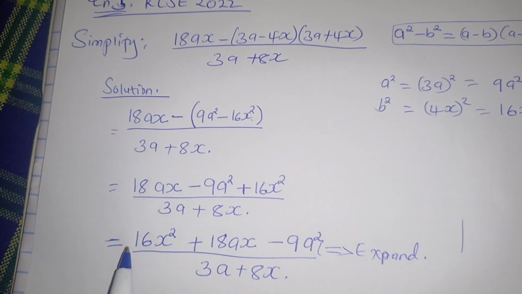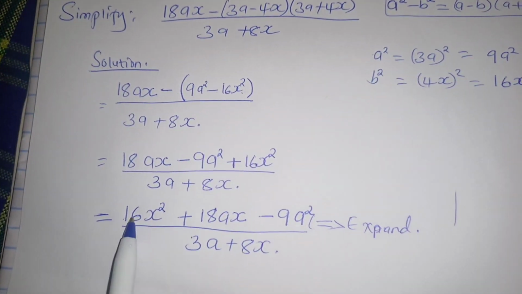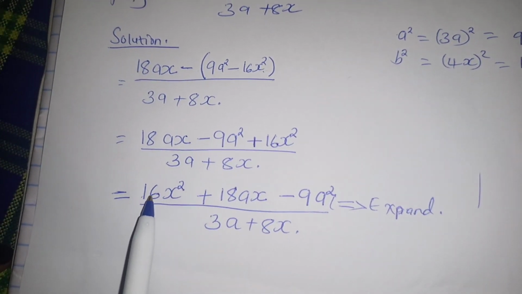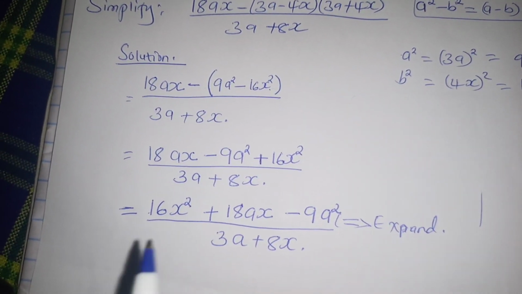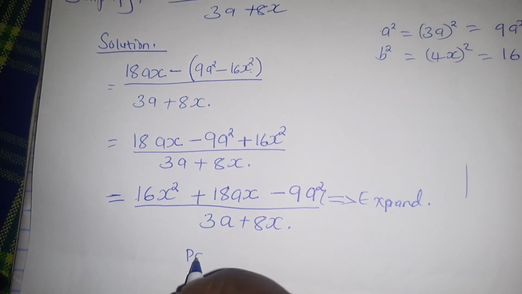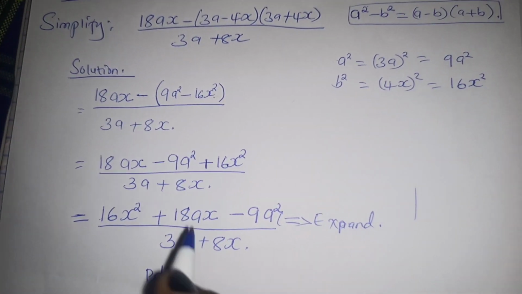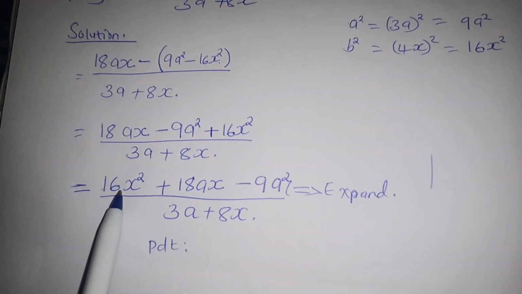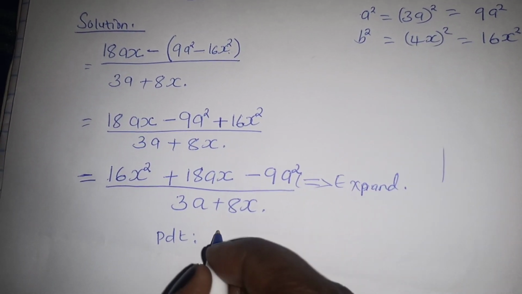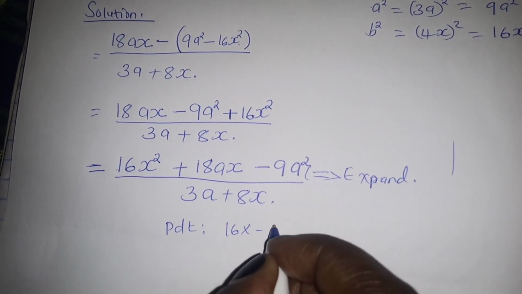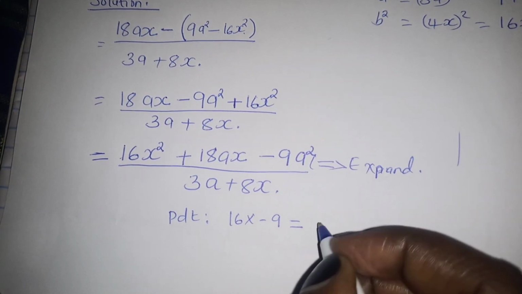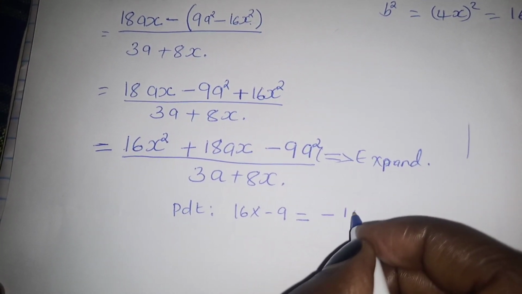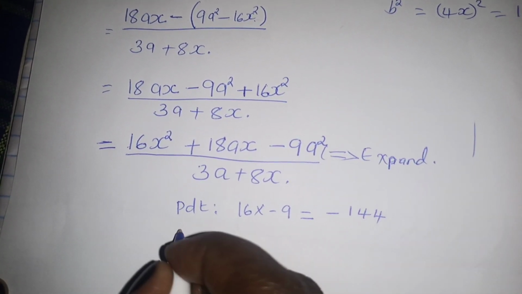Recall what we said about expanding a quadratic expression. So we get the product. The product will be 16 times negative 9 to give us negative 144.